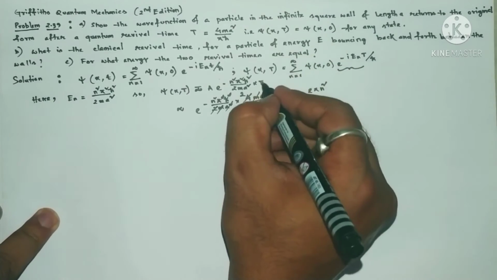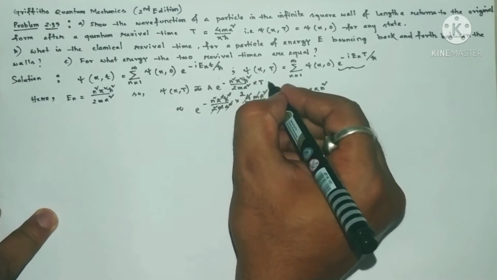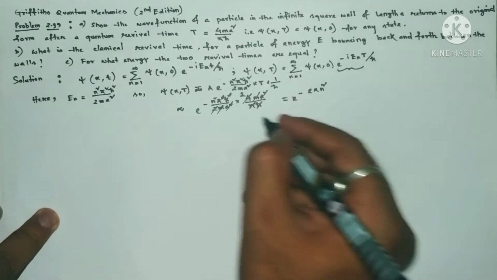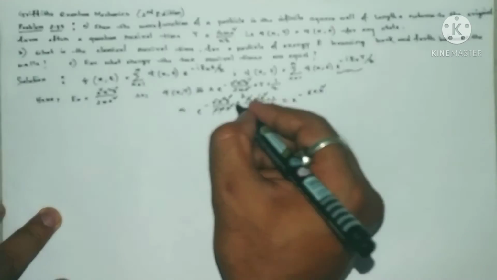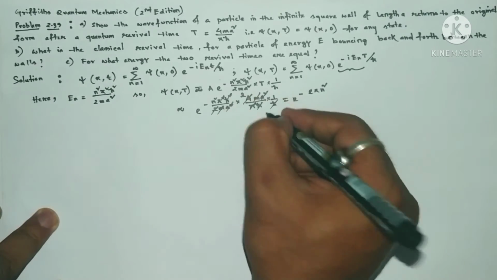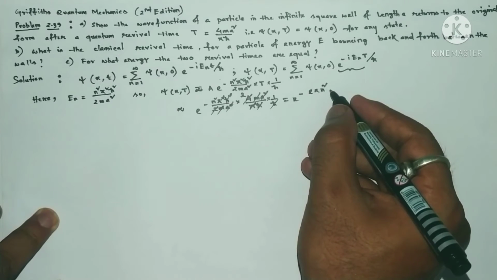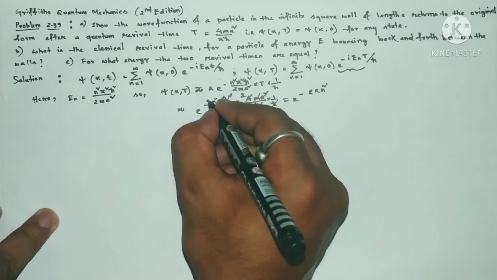We have one ħ left, and there is also 1 by ħ, so this ħ and this ħ cancel out. So we are left with e raised to minus 2πi n squared, right? The i is also there.